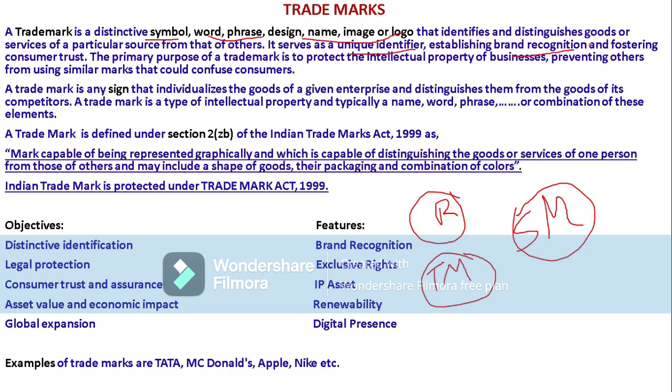If we see, many consumers nowadays go for branded items. Why branded items? Because trust will be there in the branded items. So trademarks create not only brand recognition and a unique identifier, but also foster consumer trust and consumer confidence.